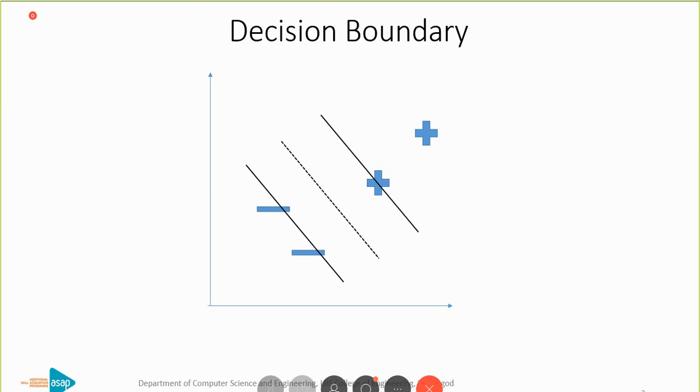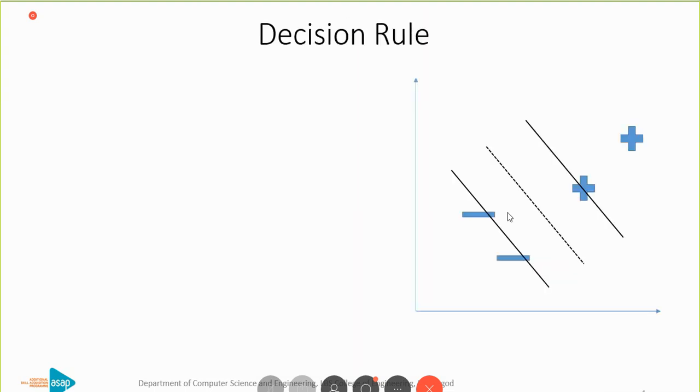Now, the question is how you can write a decision rule that will use this decision boundary. Let us see how we can write a decision rule for this decision boundary. For that, you imagine a vector W of any length.